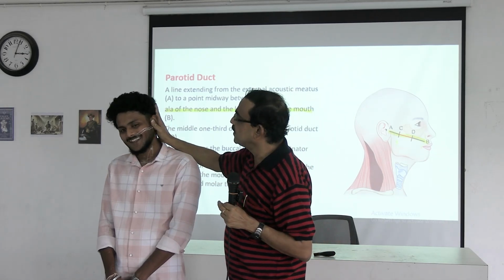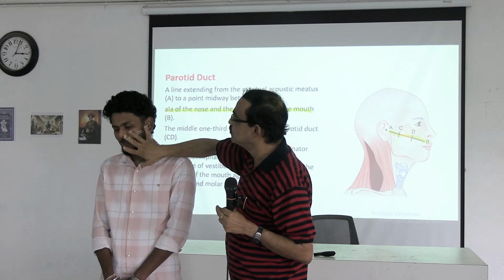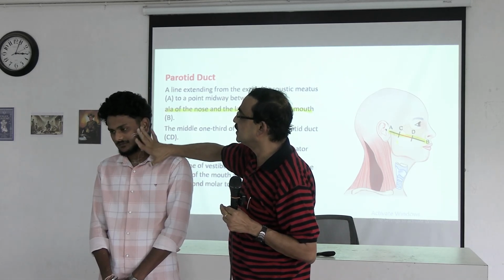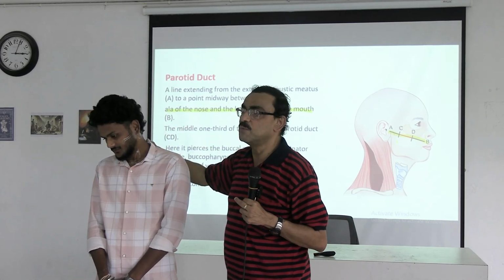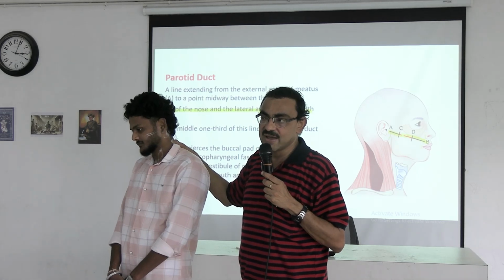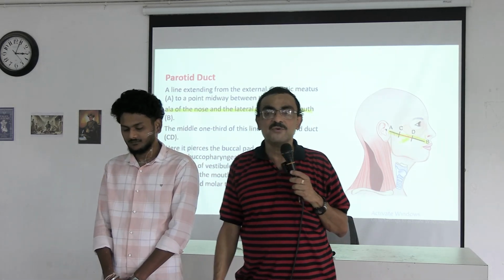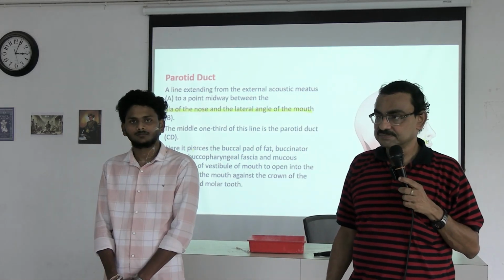But we will remove the medial and lateral 1/3, and we will keep only the middle 1/3 of this. Okay, and this will represent the parotid duct or Stensen's duct.